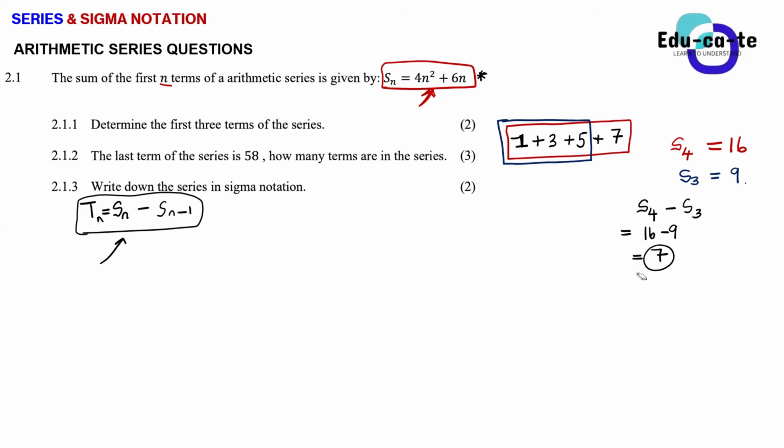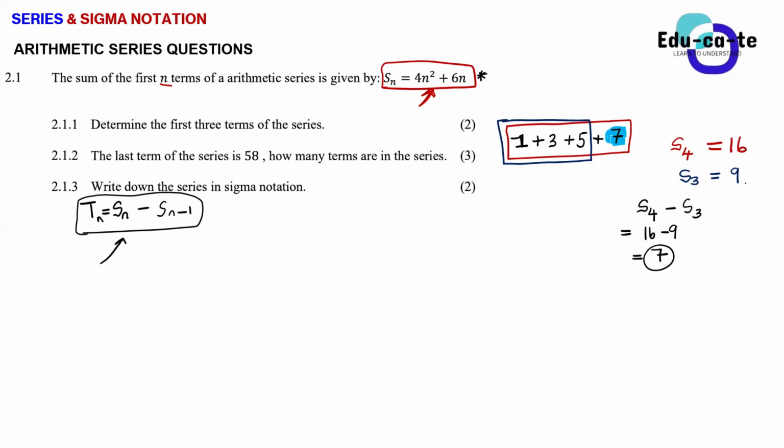Let's see, guys. At this point, do we understand this remaining term, which is 7 here? This remaining term that is not in these 2 boxes, I can get it by saying the sum of the entire 4 terms, which is 1 plus 3 plus 5 plus 7, minus the sum of the first 3 terms, which is 1 plus 3 plus 5. Then I'll get this 7, which is the remaining term.